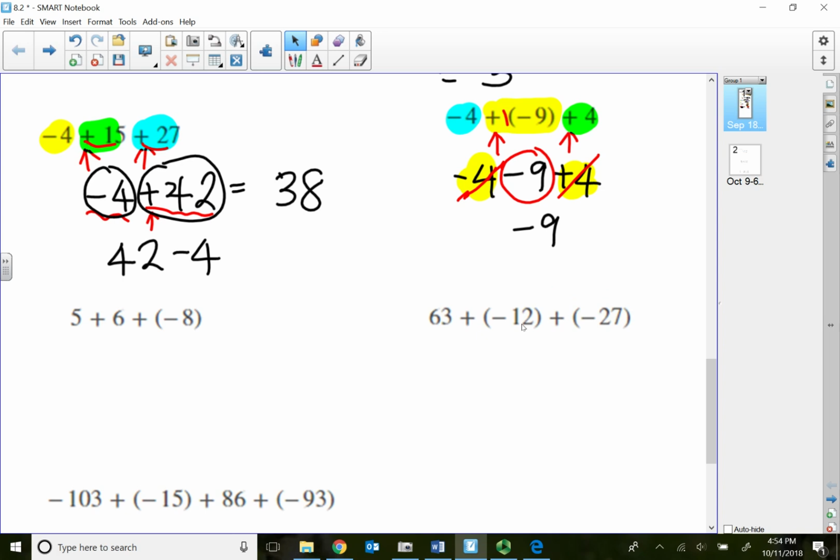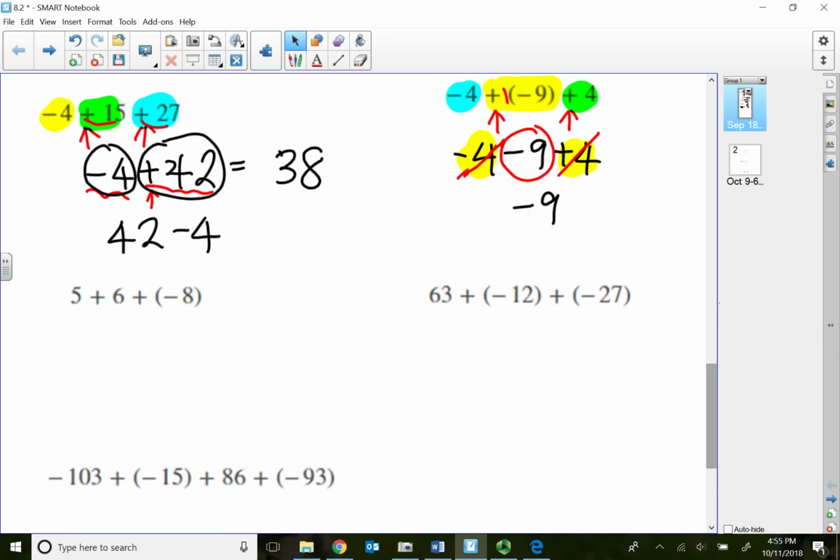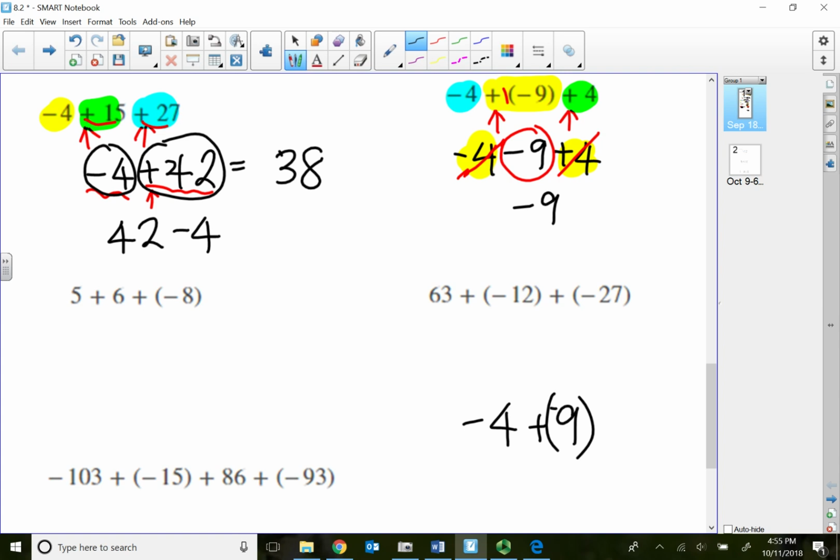Now, if you know how to do plus and negative, that will be fine. I just never want students who see -4 minus 9 to write it as plus a -9, because that adds an extra step in your mind of thinking about how to combine these two terms.